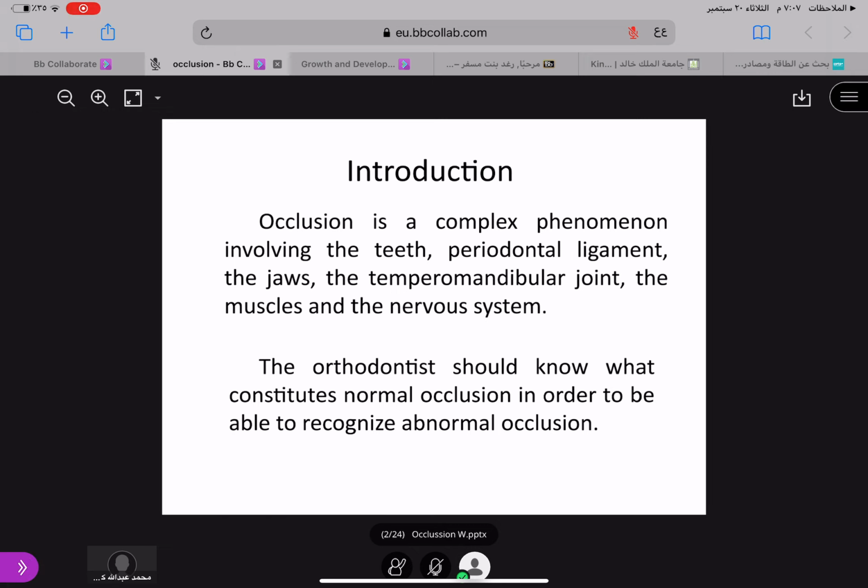Moving, exactly. So occlusion is considered as static, right? There are different types of occlusions, which are dynamic and static. The maximum intercuspation between the maxillary and the mandibular teeth is called occlusion, which is static. Am I right?